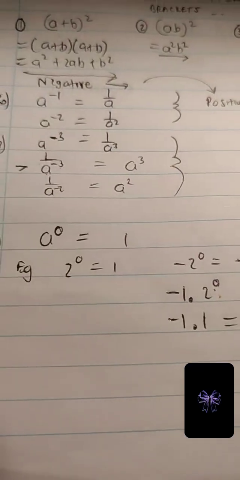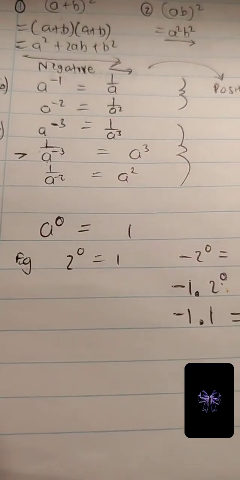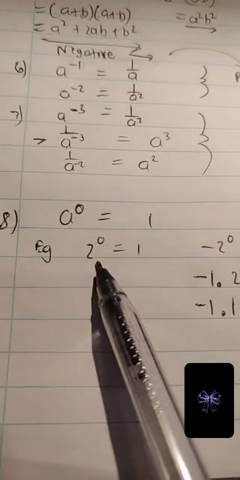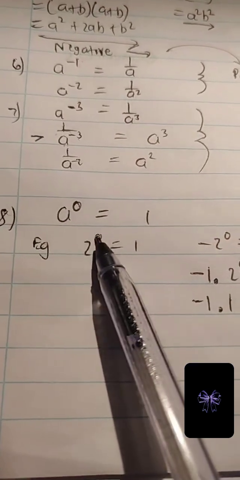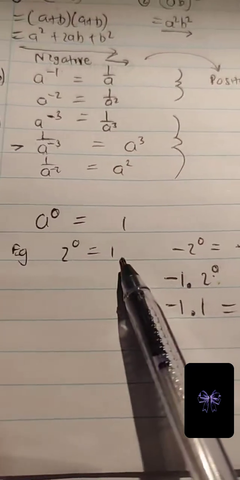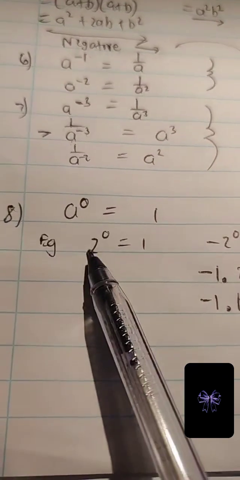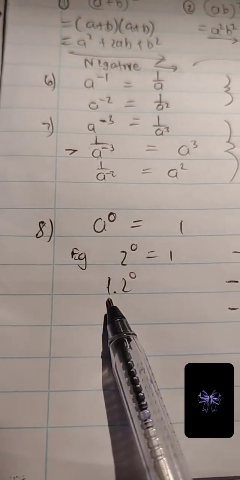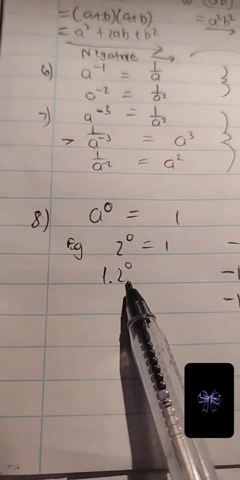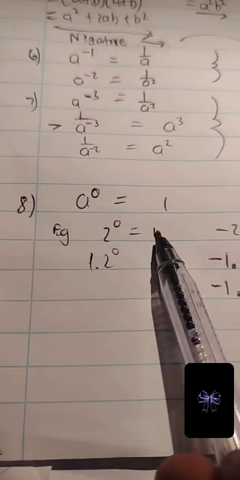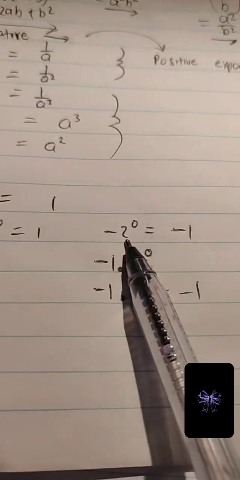So I know we say any base raised to the power 0 is 1. And yes, it's true. For instance, 2 to the power 0 is going to give me 1. But remember that this 2 to the power 0 is multiplied in actual fact by a positive 1. Hence, 2 to the power 0 gives us 1.